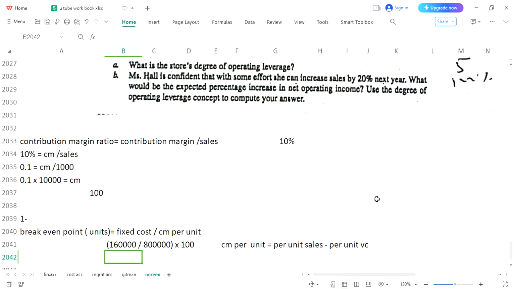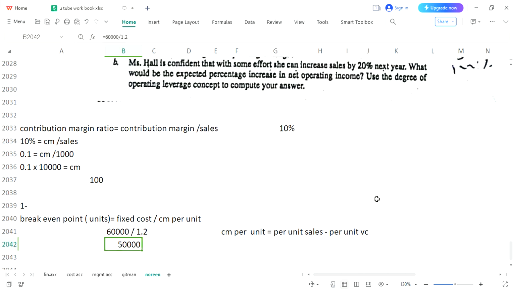So we need to put fixed cost, which was 60,000, and we are going to divide it by CM per unit, which is 1.2. Statement completed.